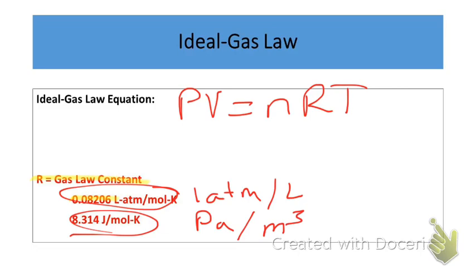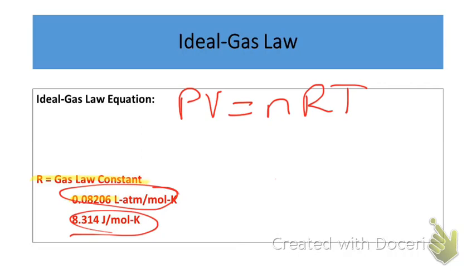All right? So that is the ideal gas law, PV equals nRT. The cool thing about the ideal gas law is that you can use this equation to solve for the pressure, volume, number of moles, or the temperature of a gas under any conditions, any situations.